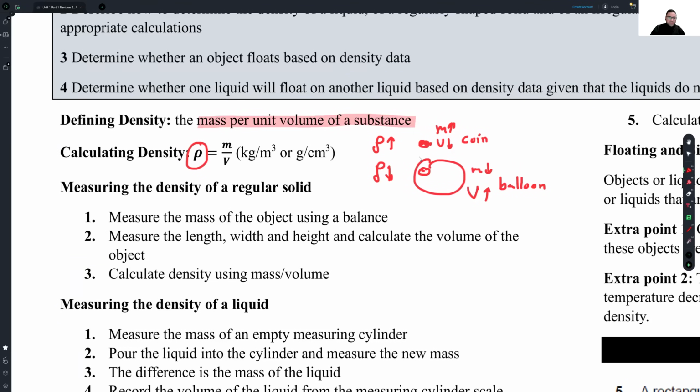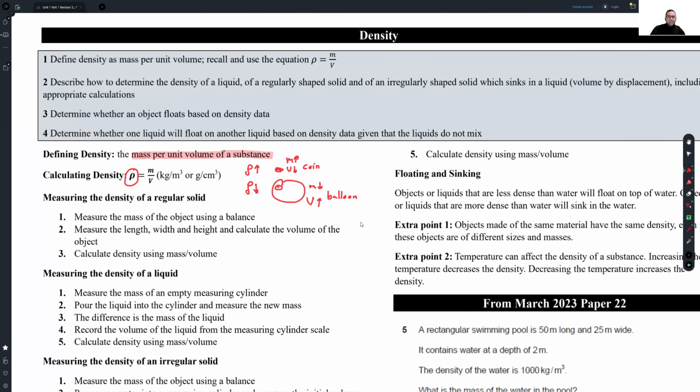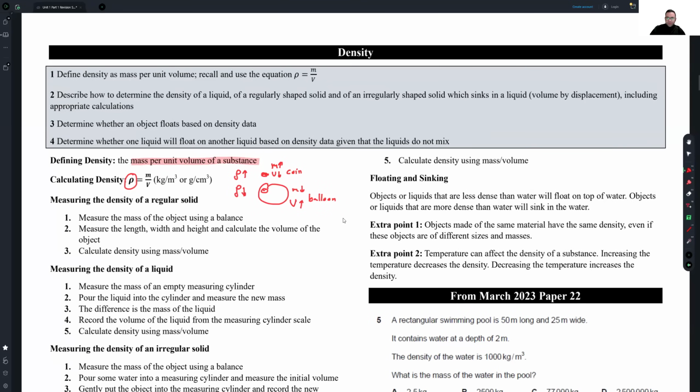How do we measure density? Easy. We measure mass and we measure volume. Just keep in mind if there are any special techniques that you need to use. For example, if I'm measuring the density of a regular solid, there's nothing special here. A balance is used to get the mass. For the volume, you measure the length, width and height. Done.